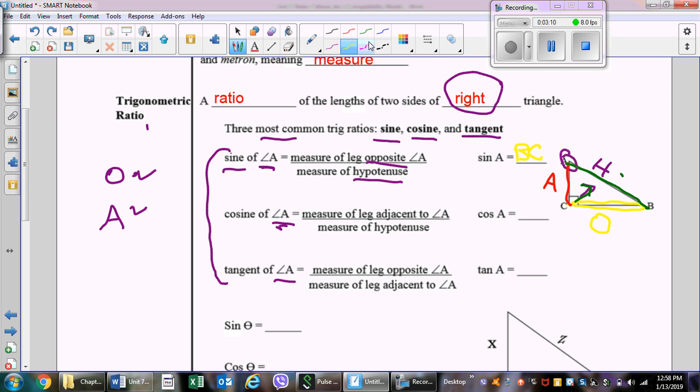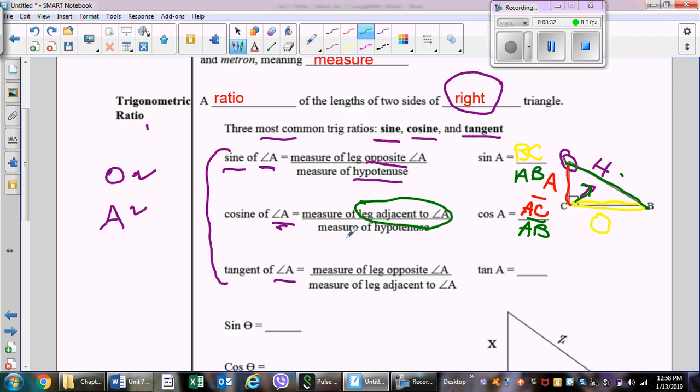Over the hypotenuse, which is AB. That is the ratio. Cosine is the measure of the leg adjacent to A. So the adjacent side is AC, right? Over the hypotenuse, which is the same, AB.